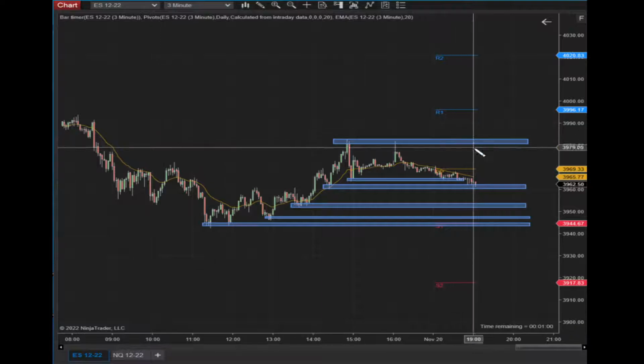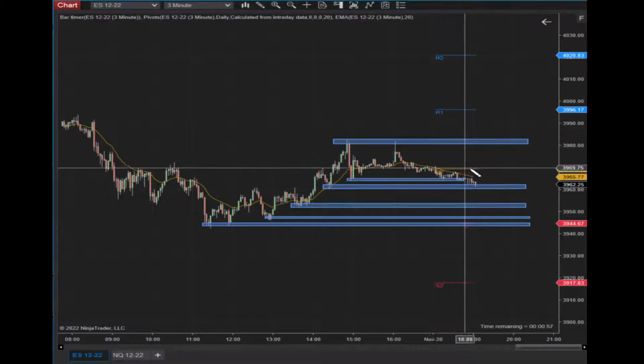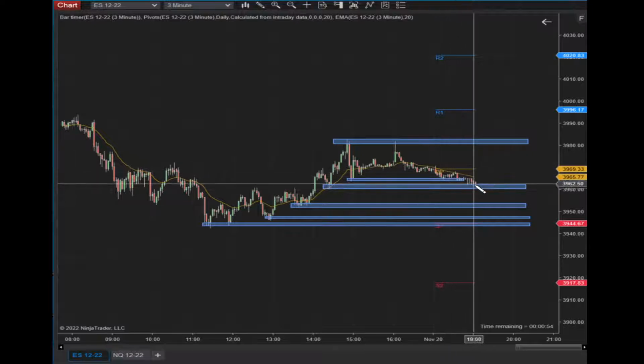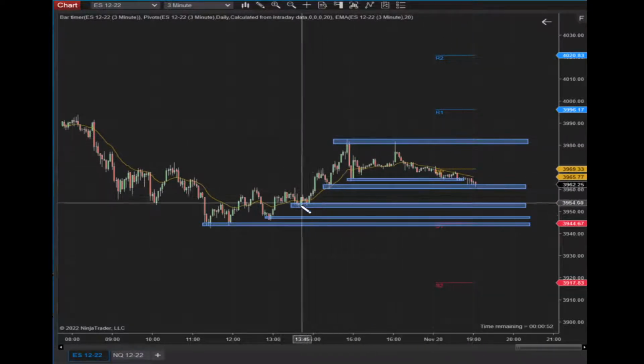Great. So we've got some things marked up here. I'm not going to do every single one, just the major levels.